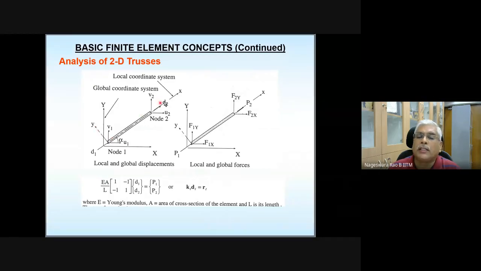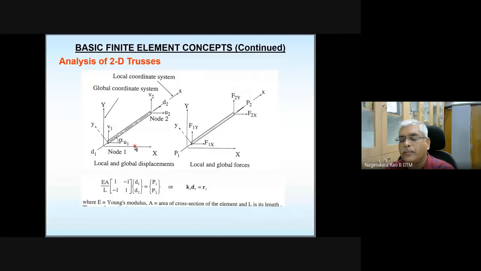If you have two coordinate systems, let's say the local coordinate system denoted with small x, small y, and the global coordinate system denoted with capital X, capital Y, the local x-axis is inclined with respect to the global X-axis by this angle alpha, measured in the counterclockwise direction.